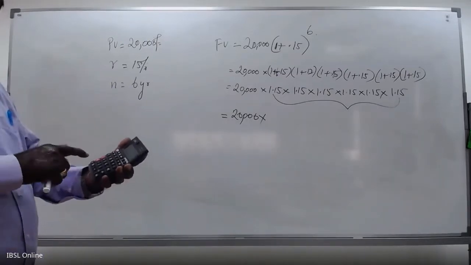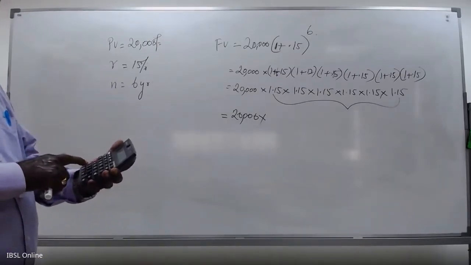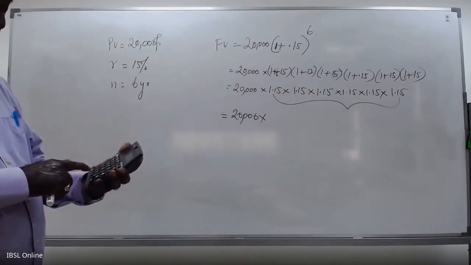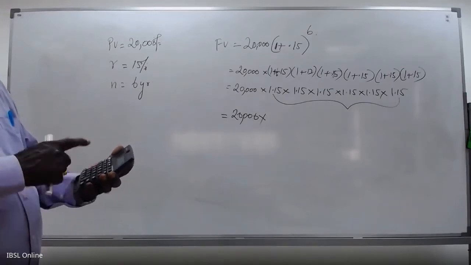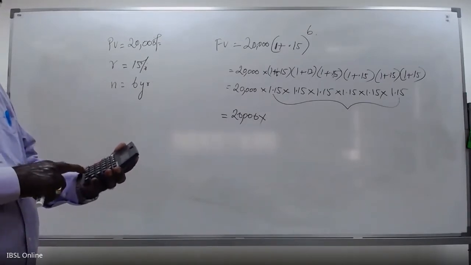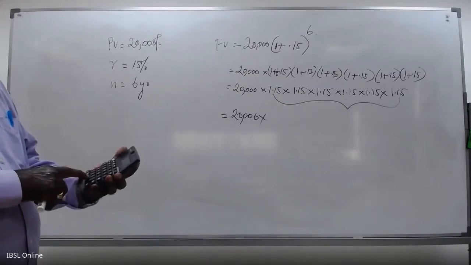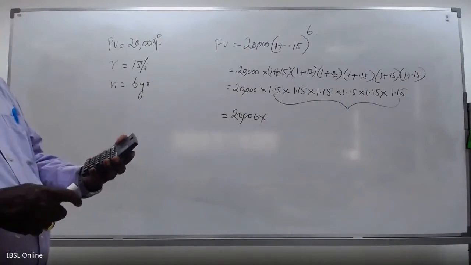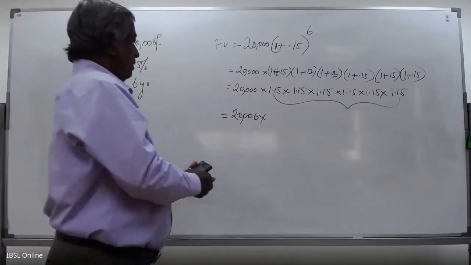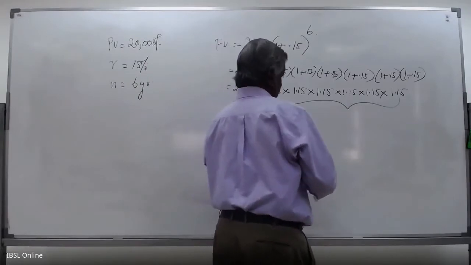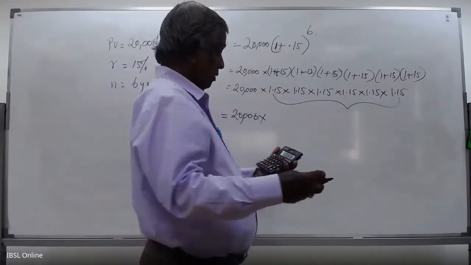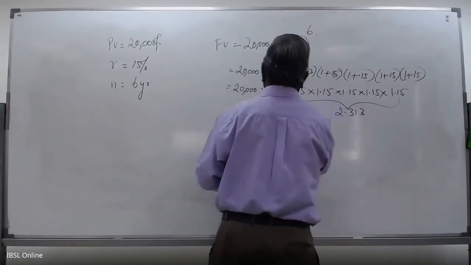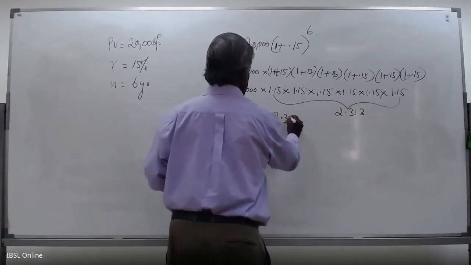So in this simple calculator, 1.15 into 1.15, equal sign, then 3 times, 4 times, 5 times, 6 times, gives 2.313.